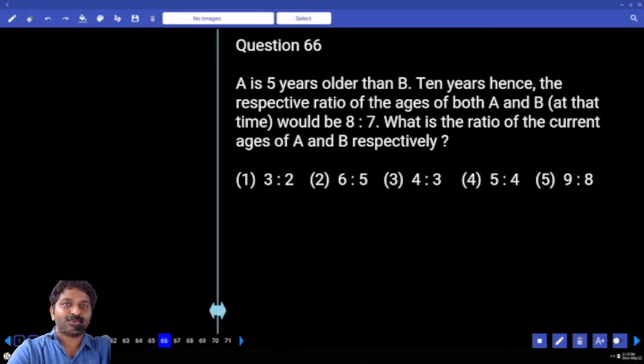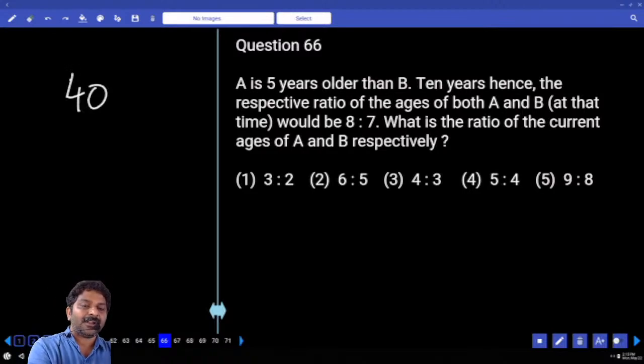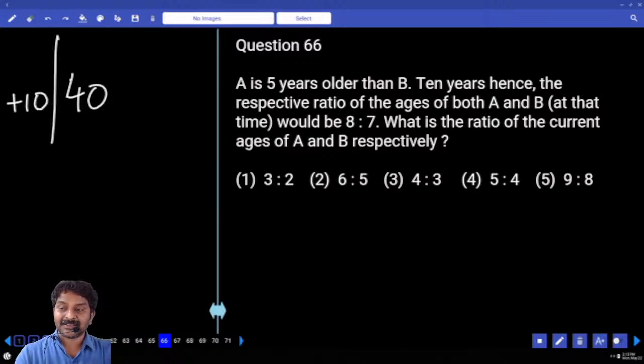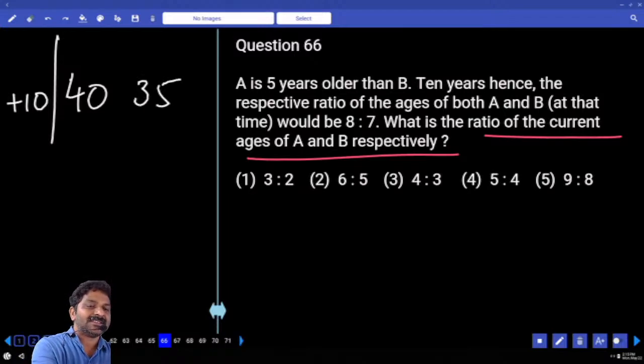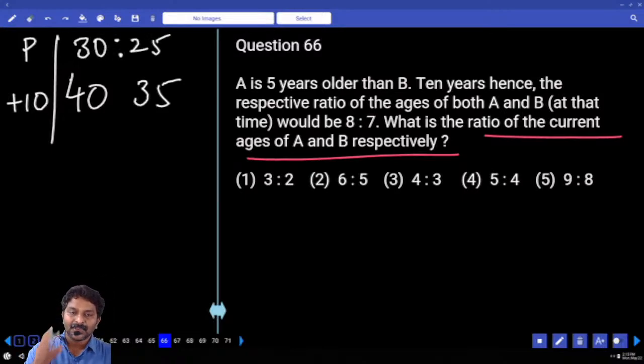In terms of parts, one part is equal to 5. A's age is 40 after 10 years. What is the ratio of current ages of A and B? B's age is 35, right? Current ages are 30 and 25, and we were asked to calculate the ratio: 6:5.